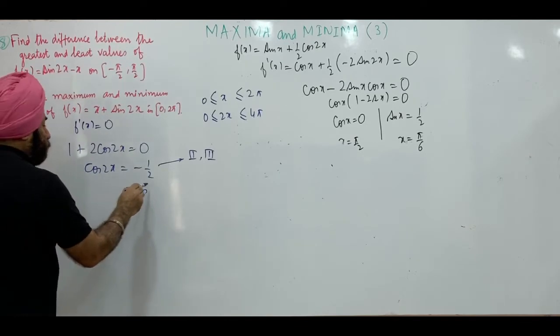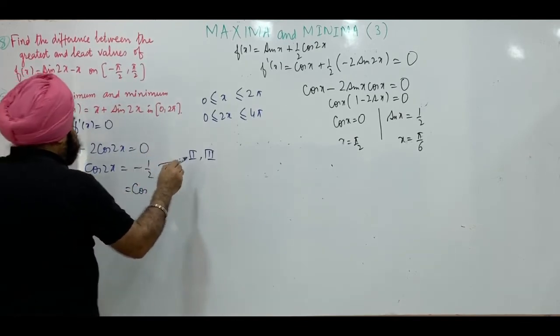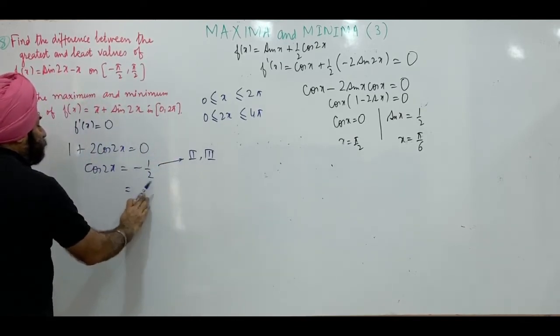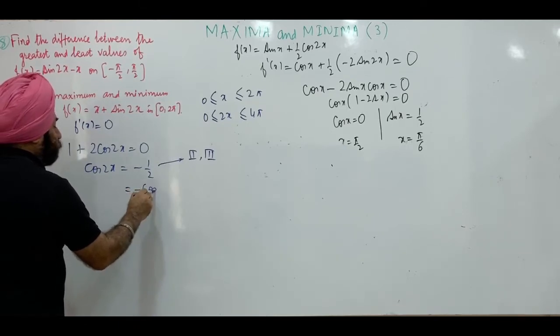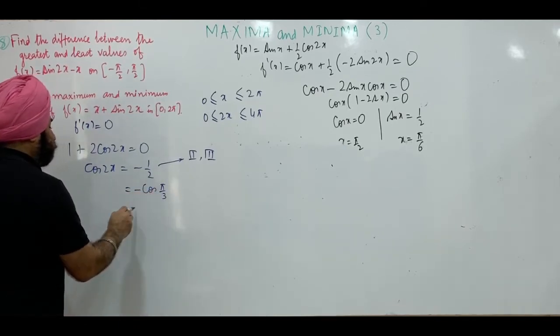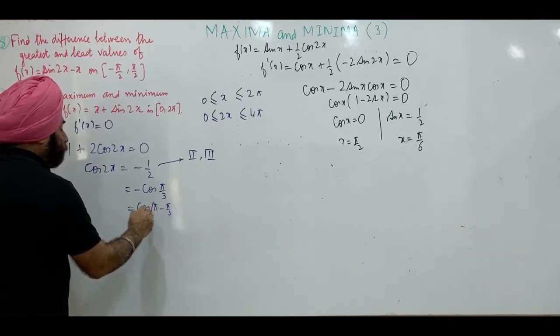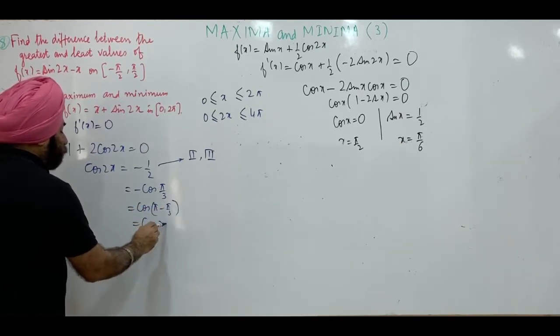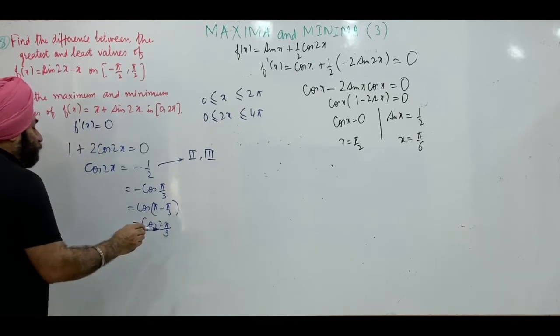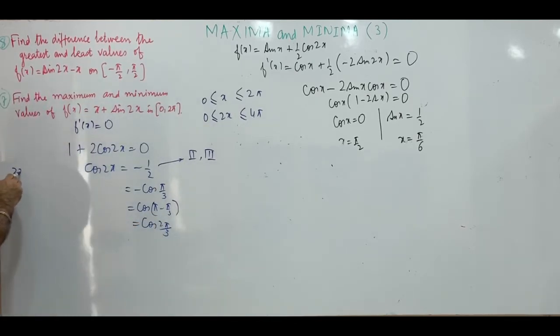So this can be written as minus cos of pi by 3, and this is cos of pi minus pi by 3, which is cos of 2 pi by 3. So the first value we are getting, that is 2x is 2 pi by 3, or x is pi by 3.